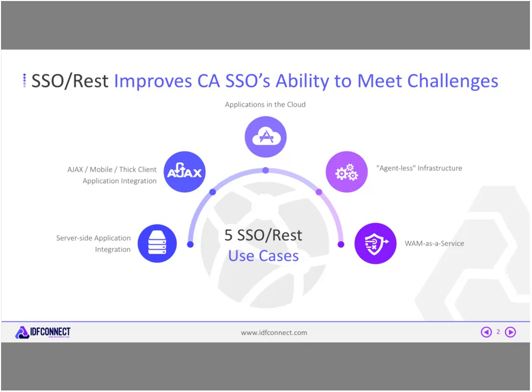What we provided are a number of REST capabilities that can be consumed both on the server side and on the client side to do all the things that you might need to do, whether it's logging in a user, validating a session, updating a session cookie, stepping up authentication, or asking the question if a user is authorized to 1 or 10 different resources, all in one single, simple JSON request.